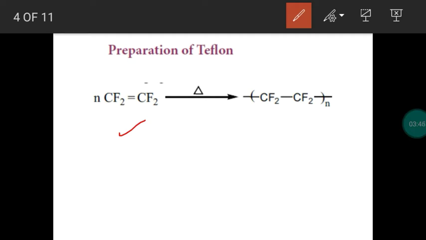This is tetrafluoroethylene which will act as a monomer. We heat this monomer in the presence of oxygen or else ammonium persulfate under high pressure. We get a polymer. The polymer is called Teflon. This Teflon is used for making non-stick utensils and it can be used for coating articles.